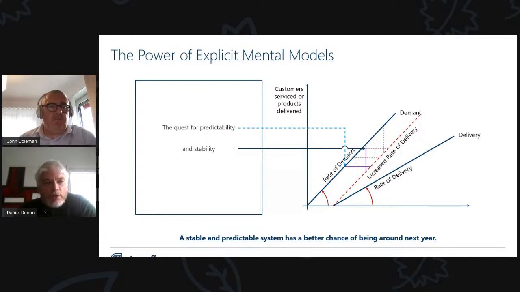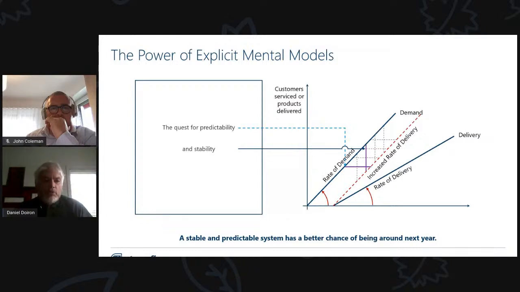Thank you. Yeah. So we see here that by having the demand line and the rate of delivery line parallel, we get into predictability and stability. The amount of work in the system will be the same, and the time that it takes to deliver will also be relatively the same.